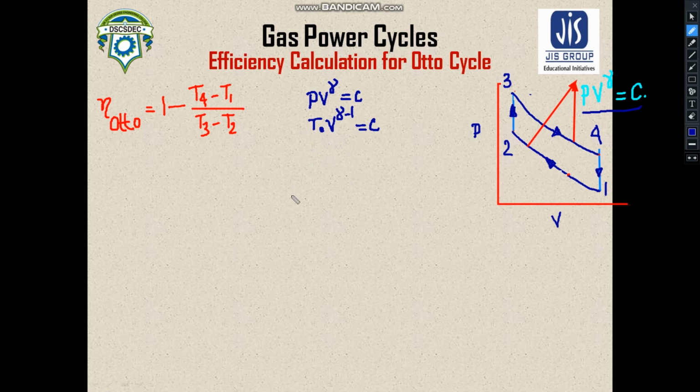Before that, we would like to mention a certain parameter by which the efficiency of the Otto cycle is described.